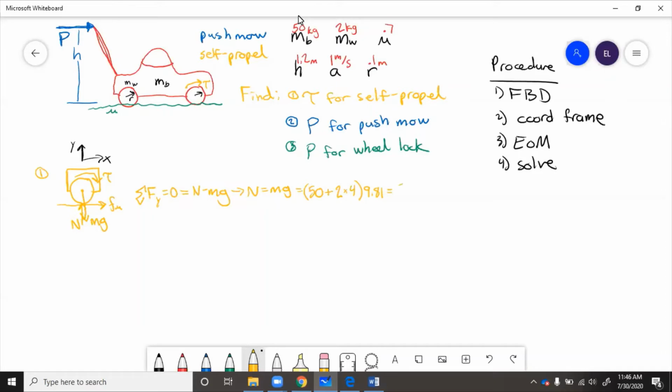So this is 567 newtons. Then the friction force, F_mu, equals mu times the normal force, which equals 398 newtons.